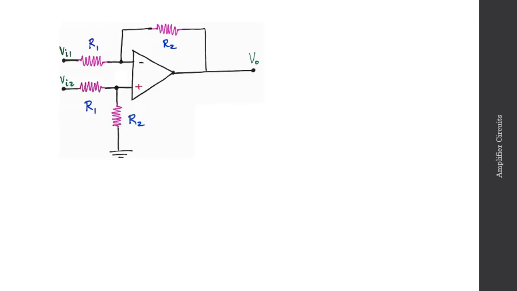Now, of course, this isn't a perfect circuit. If I were to connect a sensor to VI2, the input impedance that sensor would see is going to be the sum of these two resistances, so R1 plus R2. And if I chose those as a couple kilo ohms, that wouldn't be a very high input impedance. Well, let's consider if we were to connect the inputs of our op-amp circuit to a voltage divider.